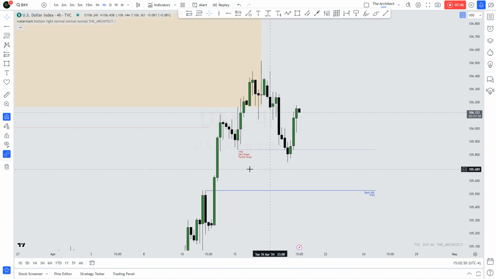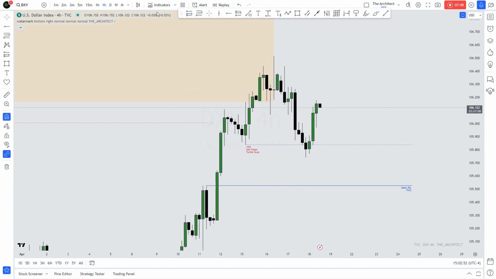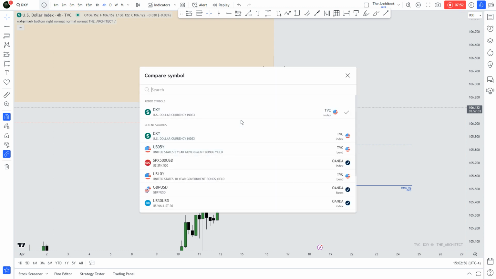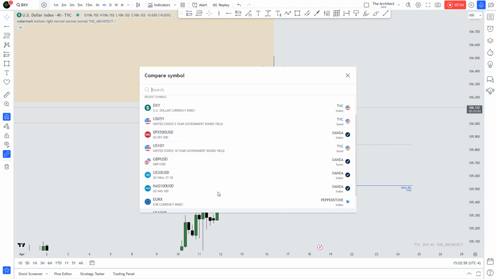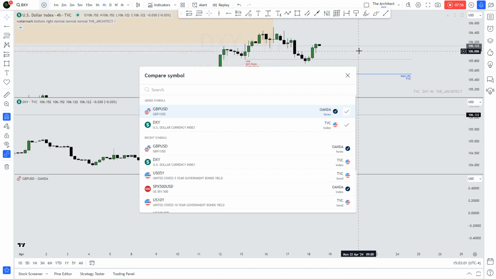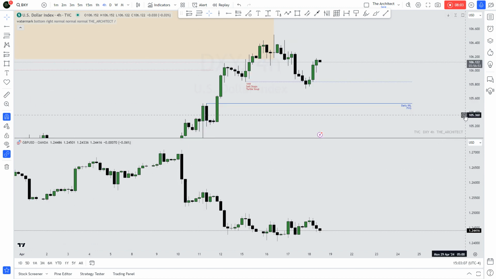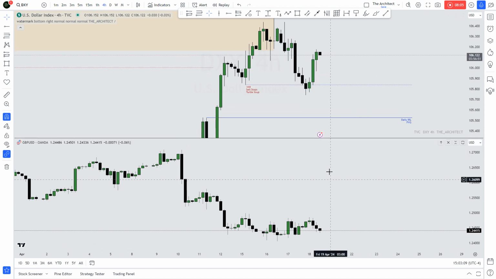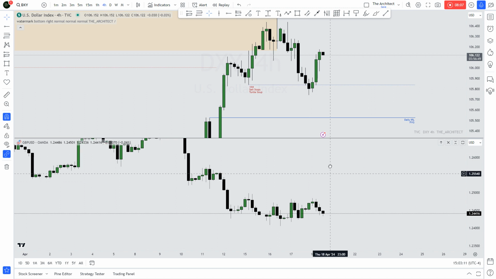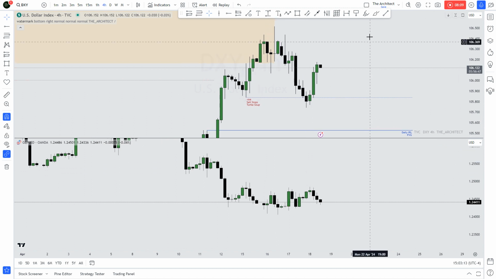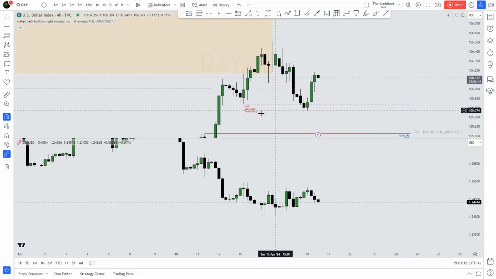And of course, you want to confirm regions like these. So I do trade GBPUSD. So we'll just pull up GBPUSD. And what we want to see is an indication, through divergence alone, that the market is going to continue higher, or verifying if this is just a false break of structure.